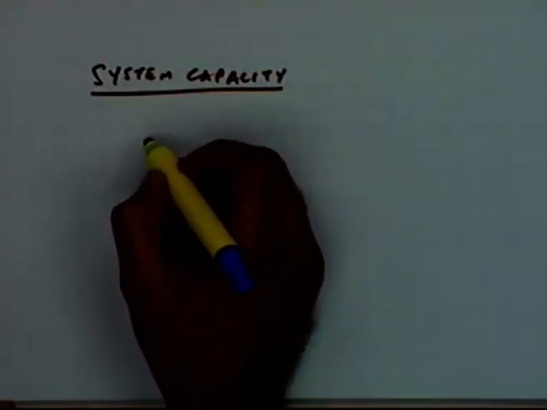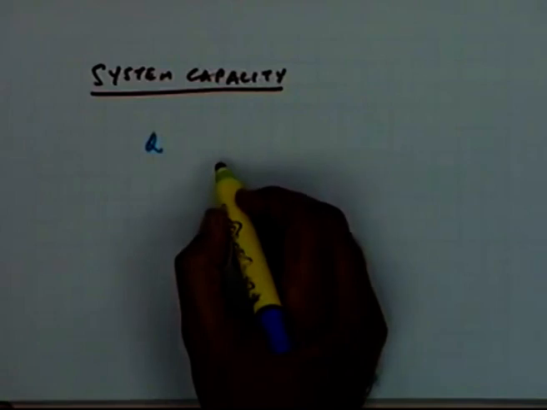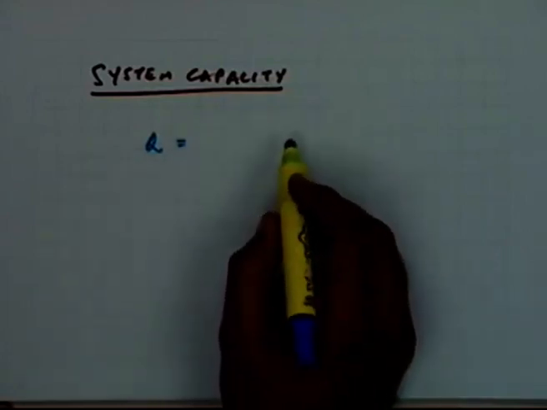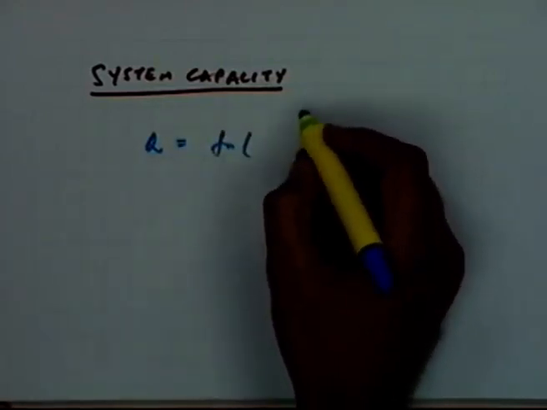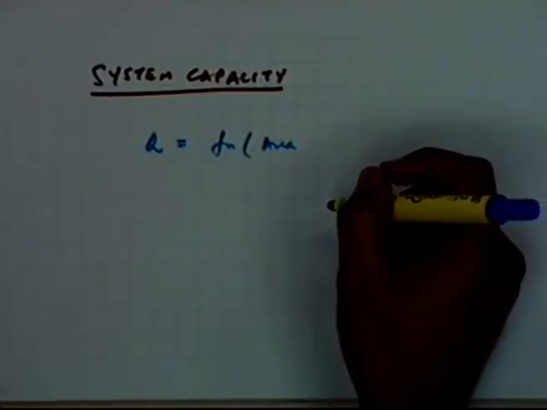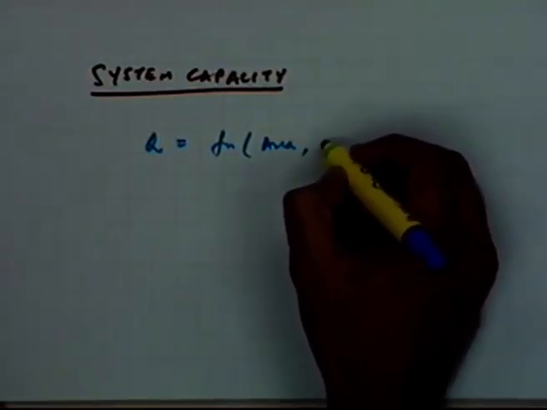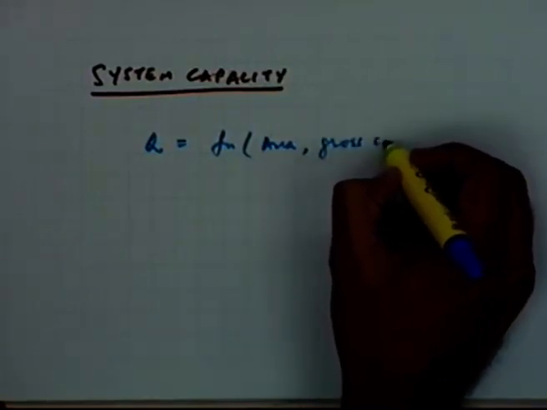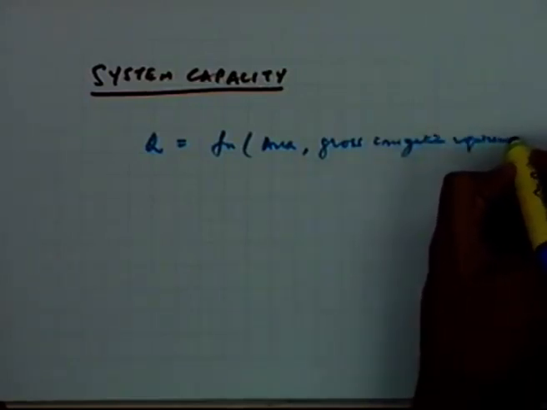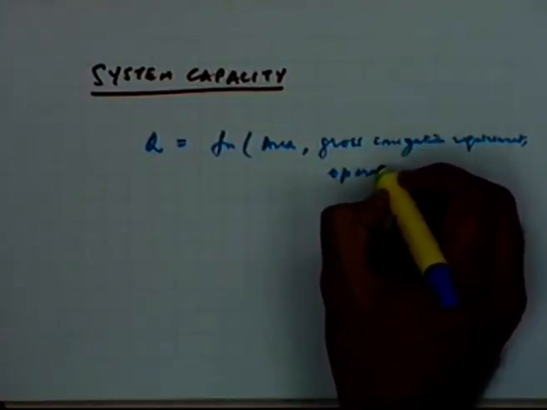We are interested in knowing the flow rate required, which I'll call capital Q. This capital Q, as I have just mentioned, will be a function of how much area you are considering for one setting, what the gross irrigation requirement is, and it will also depend on the operating schedule.